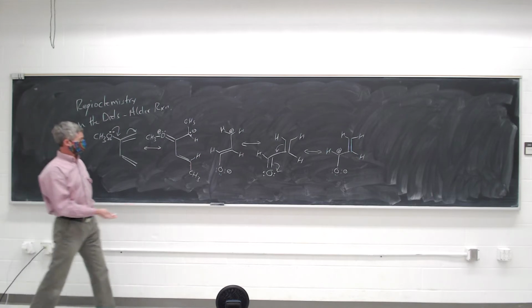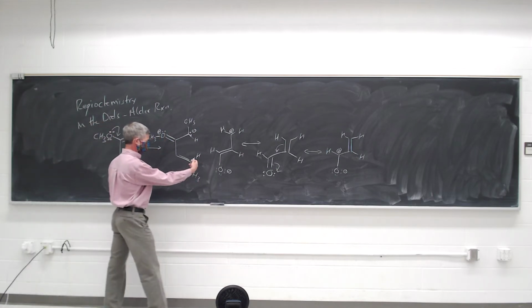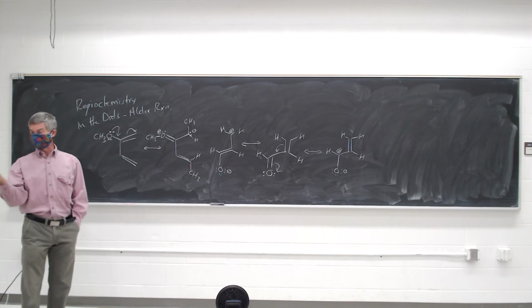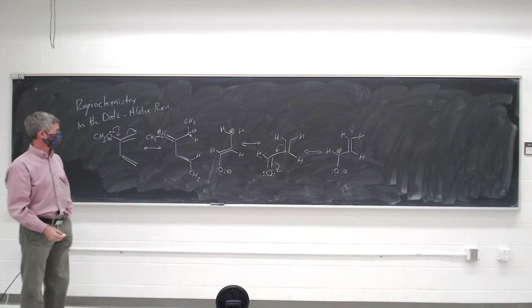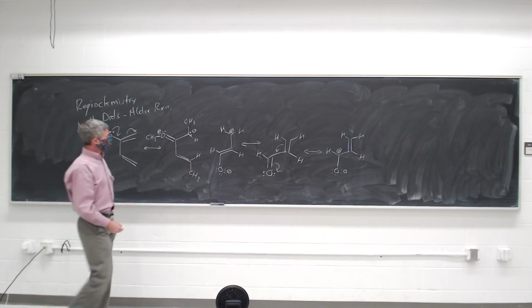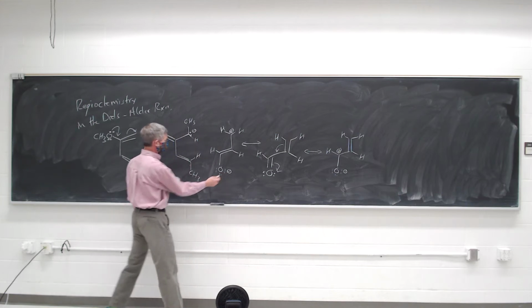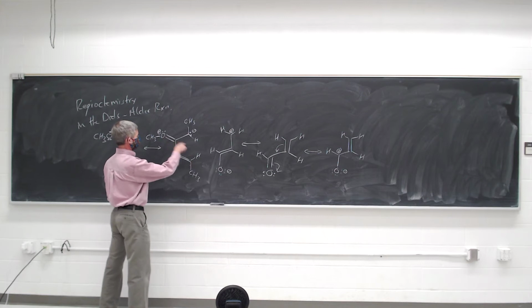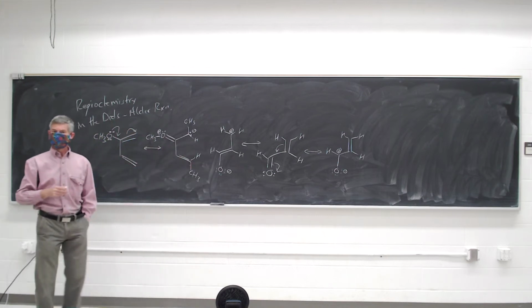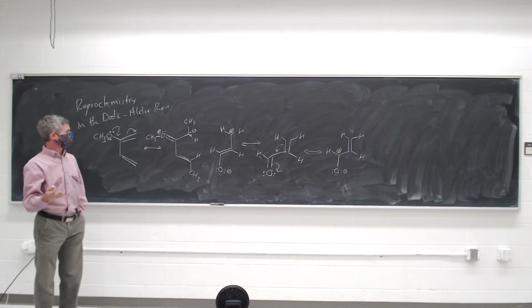You'll notice that I've drawn the aldehyde in the endo position pointing towards the diene, right? That stereo is selected for that in the secondary orbital overlap. And you'll notice that I drew the aldehyde here, so it was kind of on the opposite side of the ring to where the methoxy group was. That's favorable.